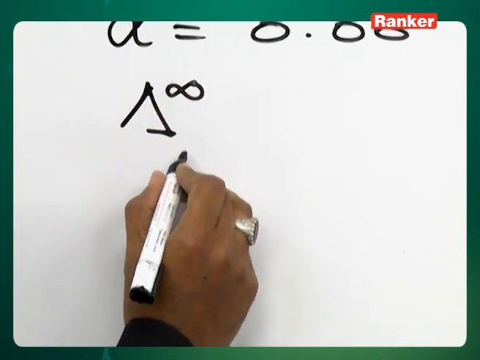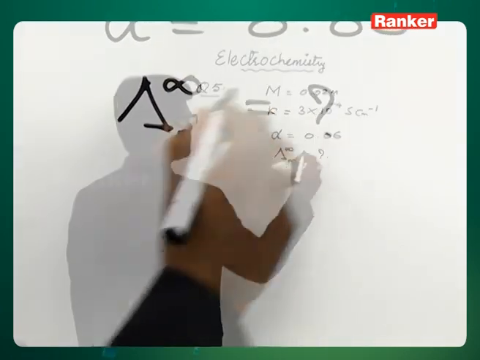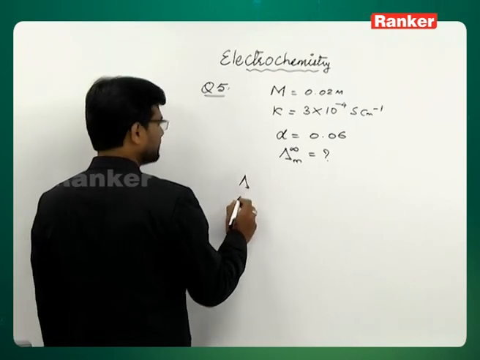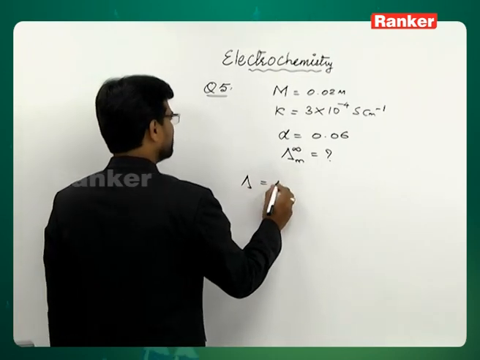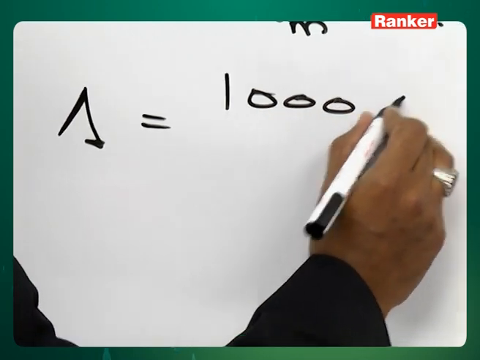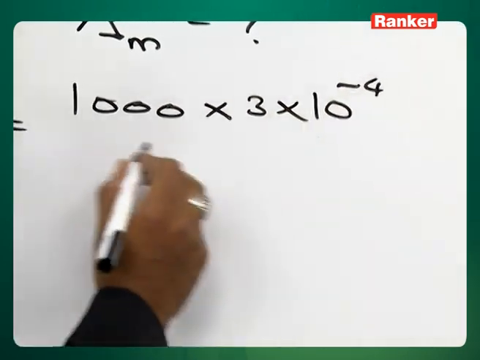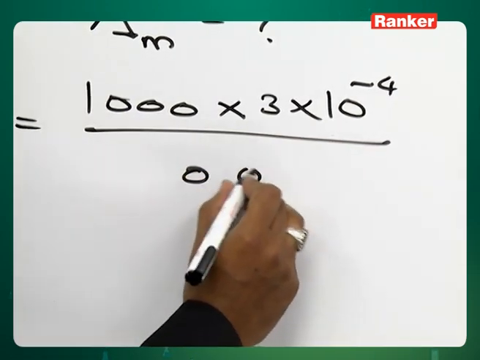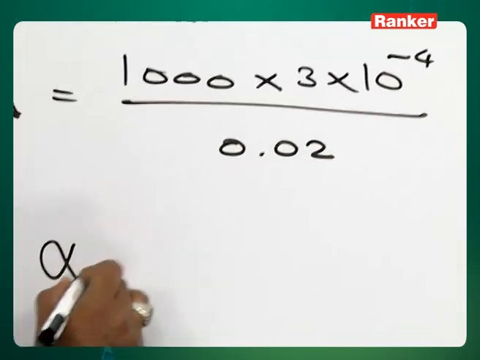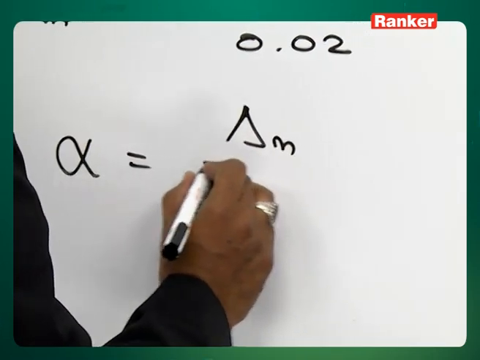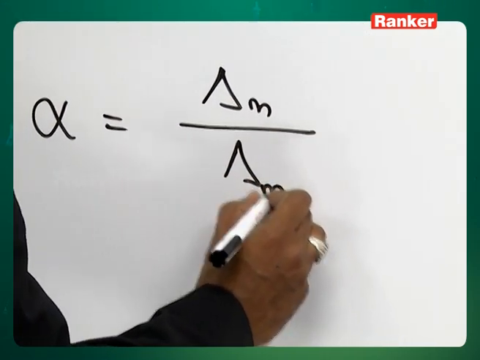Question is regarding lambda infinity. See, first you need to find out molar conductance at this concentration, that is equal to 1000 into 3 into 10 raised to minus 4 by 0.02. Then alpha is equal to lambda m by lambda infinity m.